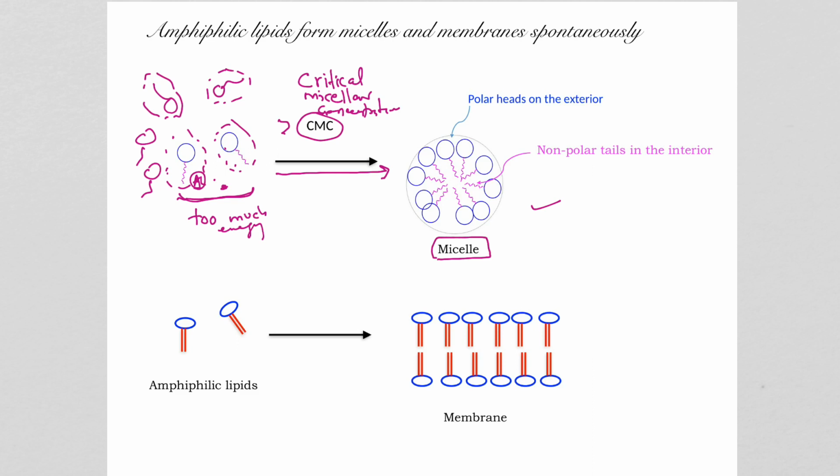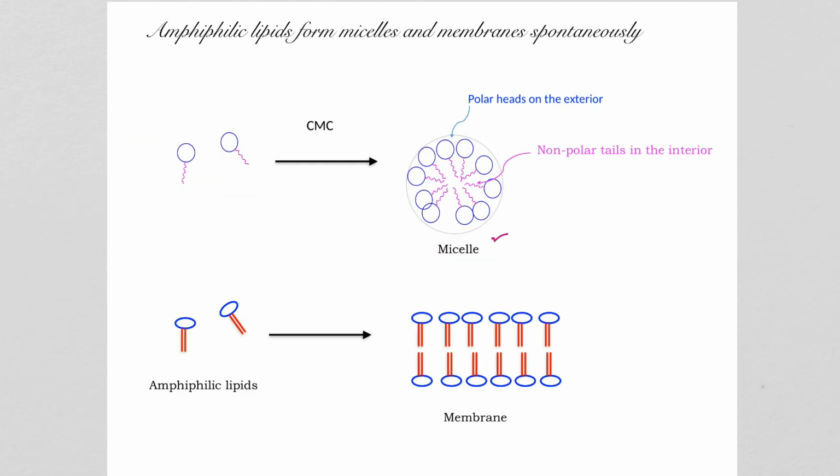A micelle is a more stable structure in terms of energy, less energy. Usually when we mean more stable, we mean less energy. So we get a more stable structure in water.